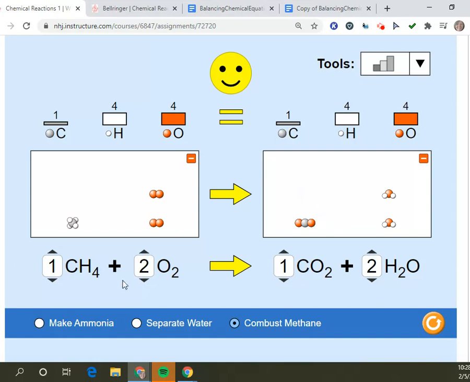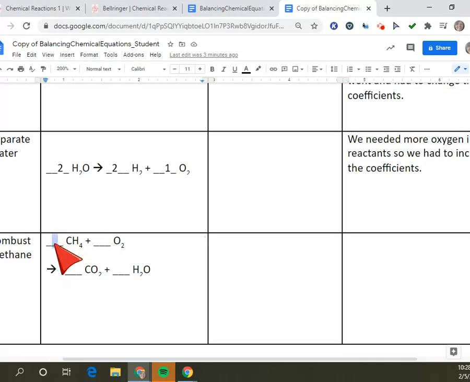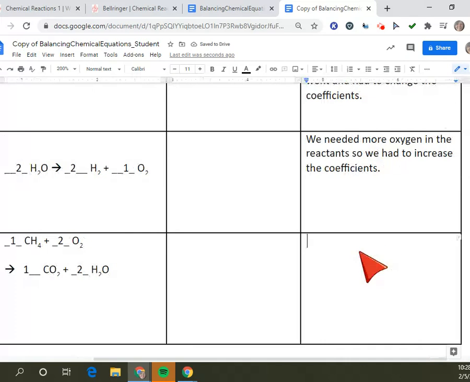All right, so combusting methane, we had 1, 2, 1, 2. That's convenient. 1, 2, 1, 2, and then you can leave that middle one blank. And what did you have to do? We had to make the hydrogen match.